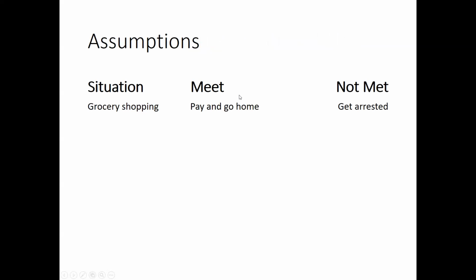Okay, so if we think about all the assumptions that we make in a given day, please don't stress out about this. I apologize if I create any stress in your life, but our assumption when we go grocery shopping is that we're going to pay for groceries, like we did in our data set for the test, and take them home, give them to people who need them, donate them, whatever.